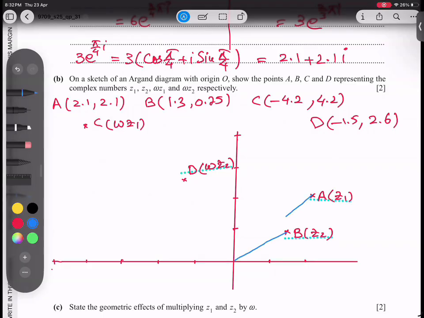Okay, I just join them. This is not important, just for the sake of your understanding, for the next part. Joining is not compulsory for this part, but the next part we need it. That is why I'm joining now. Two points I have.